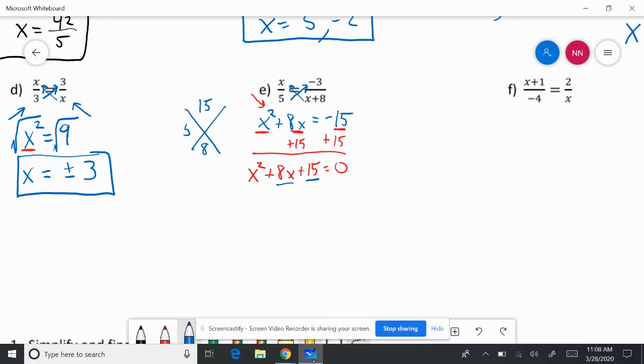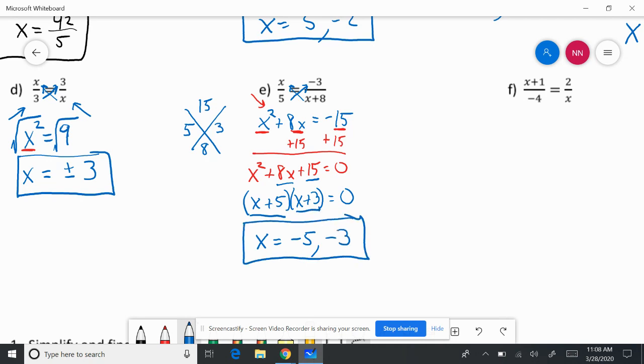So what we would have is 5 and 3. That means we have x plus 5, x plus 3 equals 0. So our two answers are whatever gives us 0: negative 5, negative 3. And those would be our two answers.